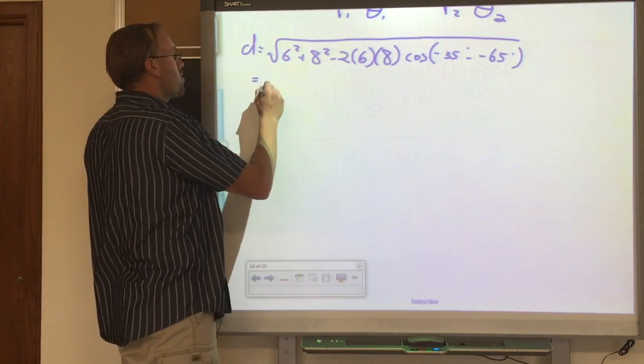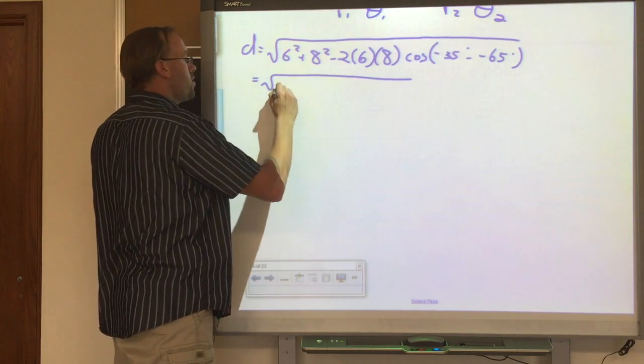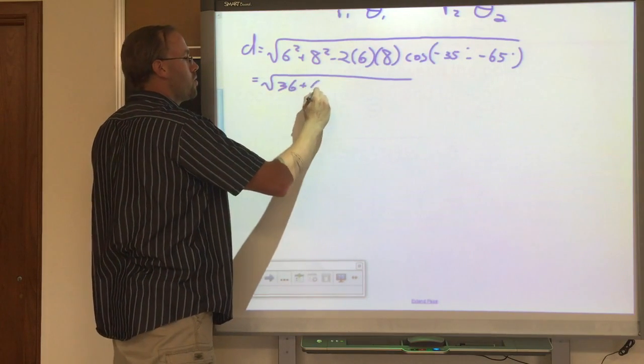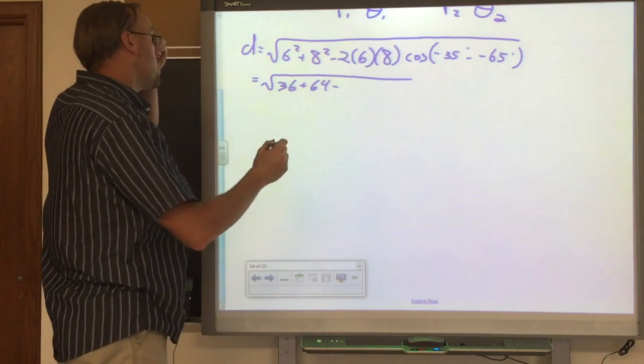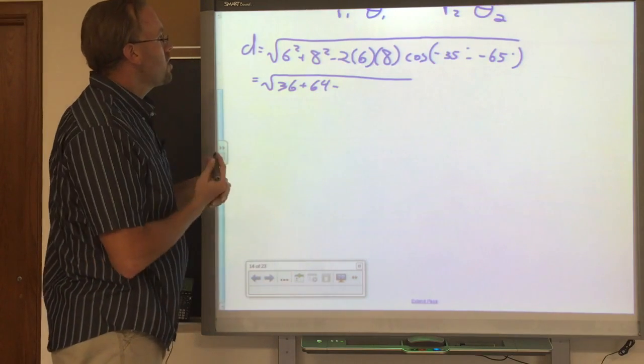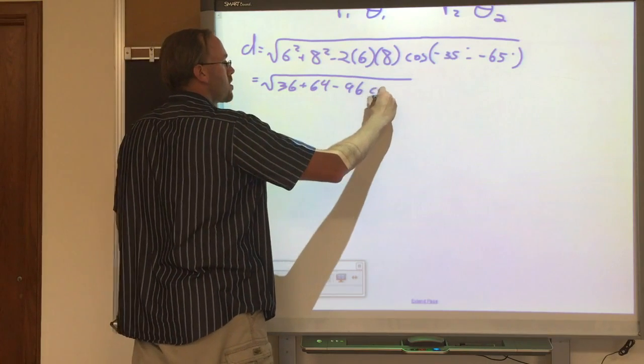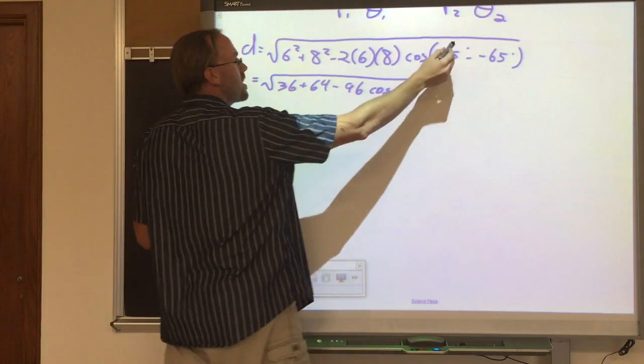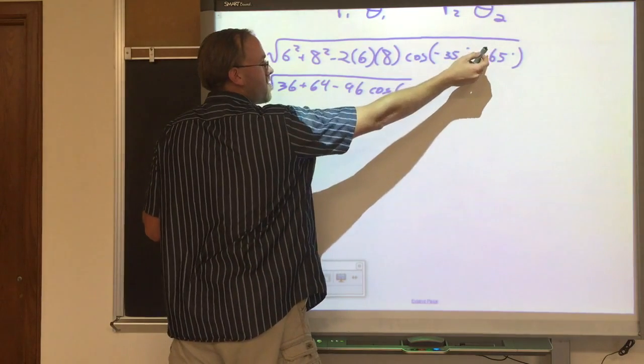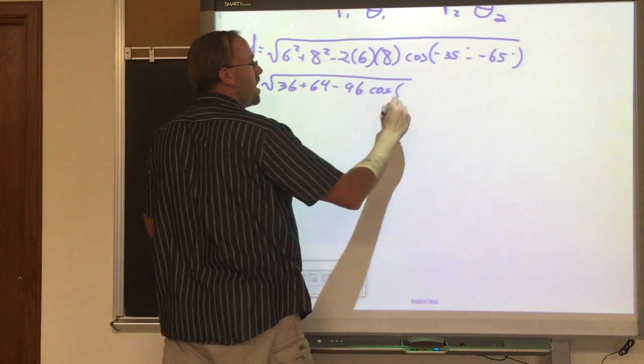So 6 squared is 36, 8 squared is 64. 6 times 8 is 48. 48 times 2 is 96 cosine. Negative 35 minus a negative 65 means we're going to add 65, positive.